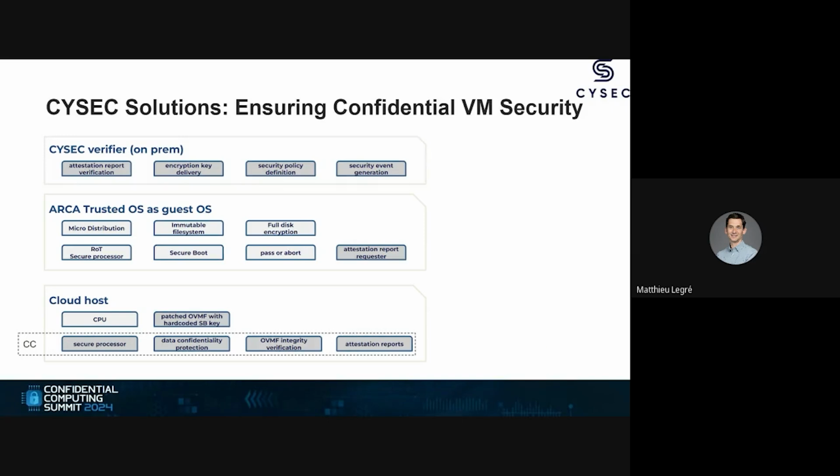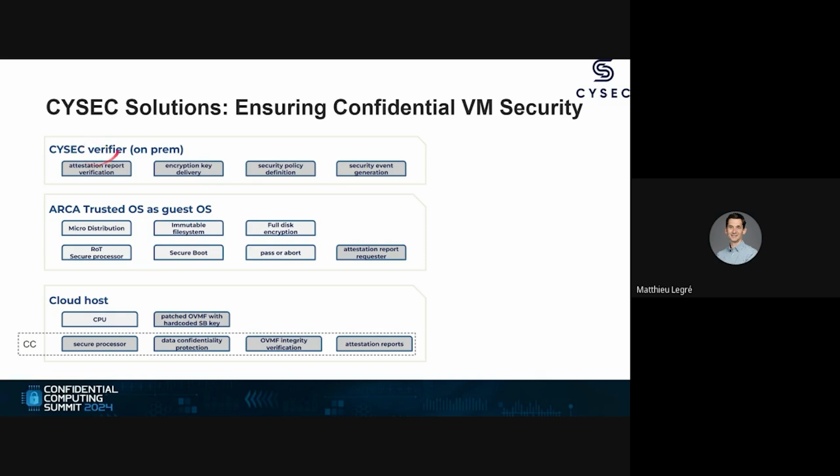Now, if we work with confidential VMs, the goal is really to change this trust model. So we still have Arca Trusted OS. As I mentioned in the first slide, we also provide an attestation service that is running on-prem and operated by the end user.